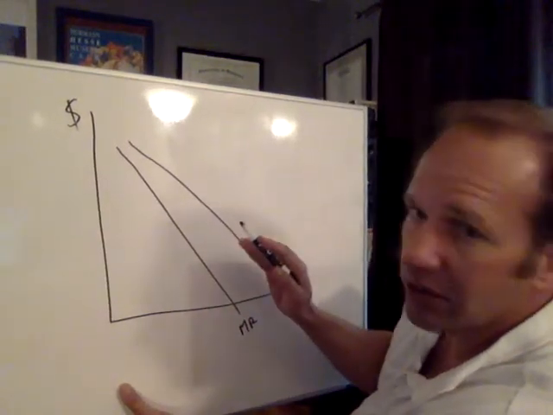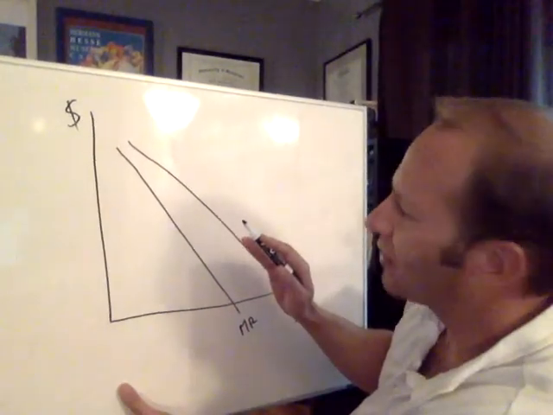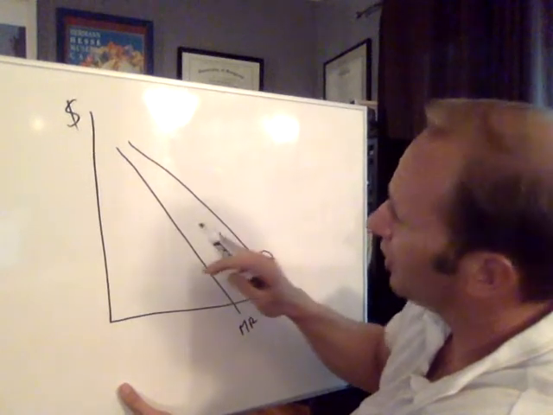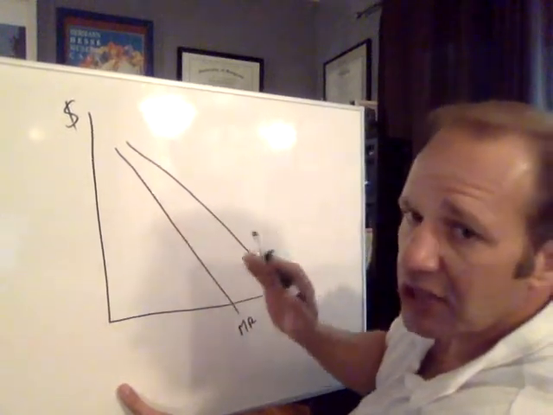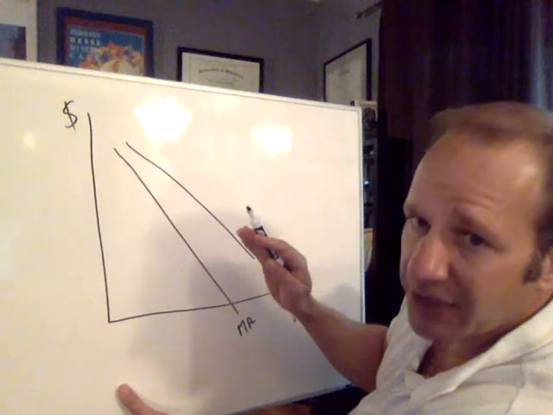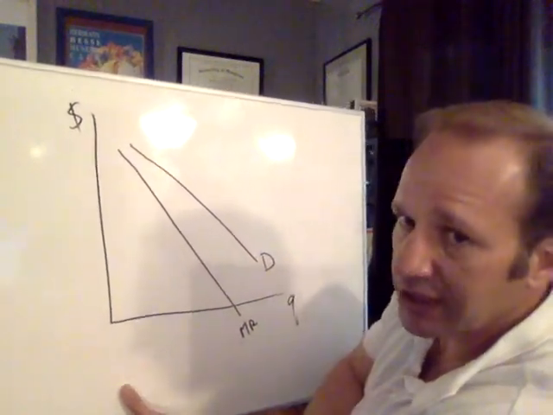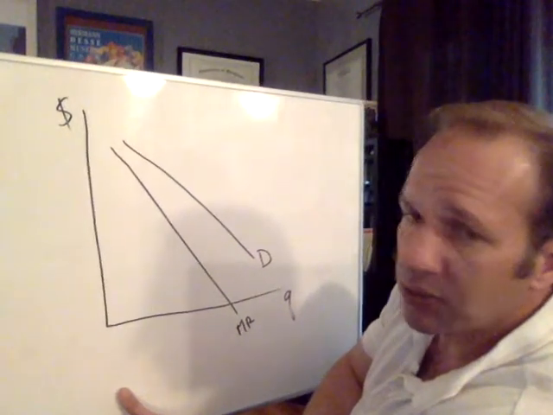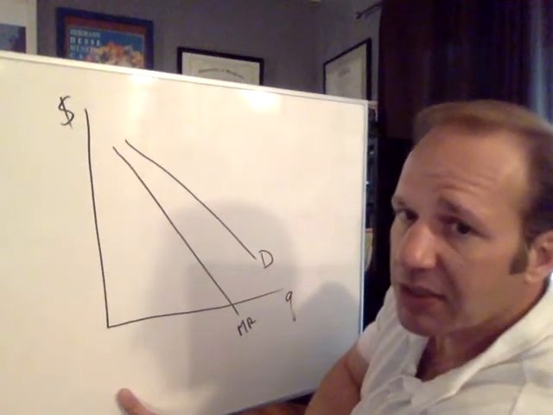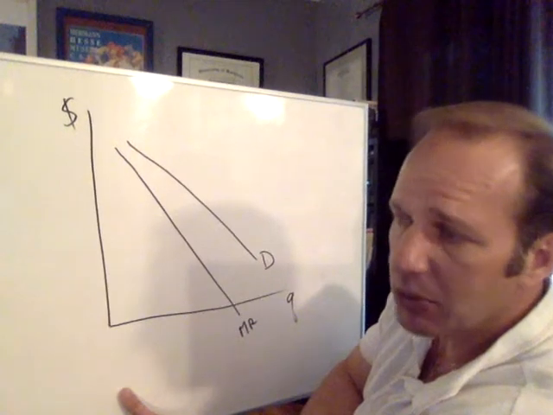If you're McDonald's, you can change your quantity demanded by changing price, but you can change your demand by advertising. And the reason you recognize all of those firms' names is because of all the advertising they do.